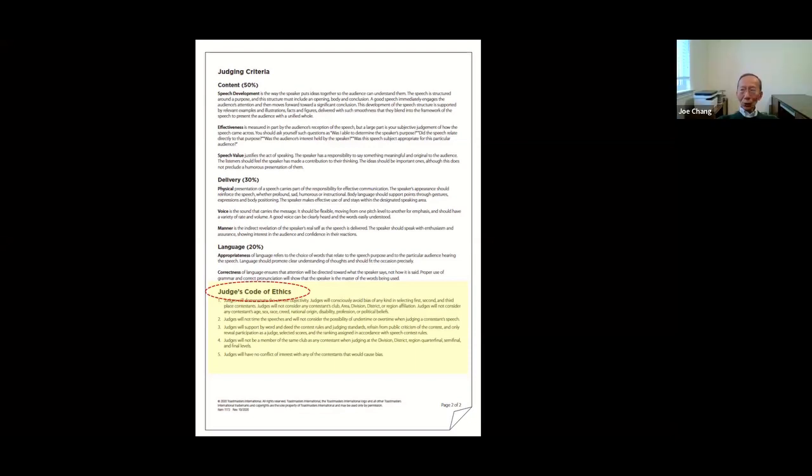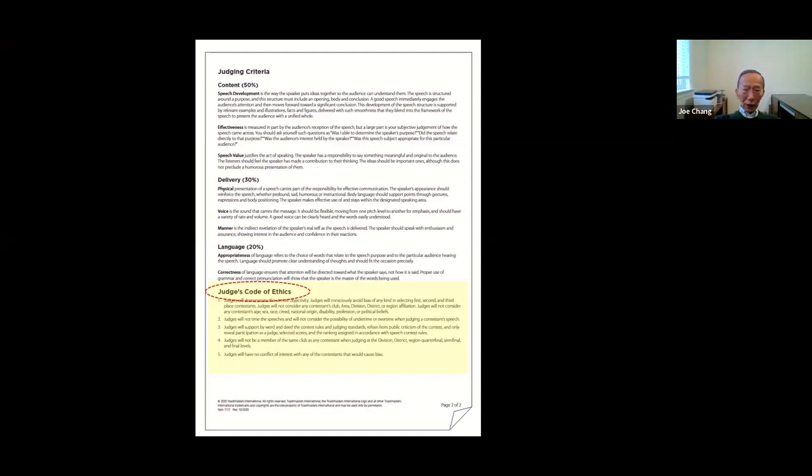Okay, so in that case, there are a lot of elements that a judge should consider so as not to interfere with his mark, right? Also, I think the timing is very important too, because we are told the judge should never look at the time of the speaker.